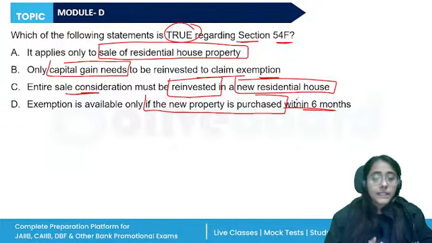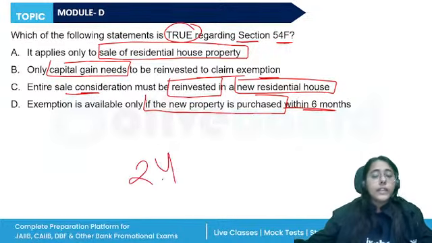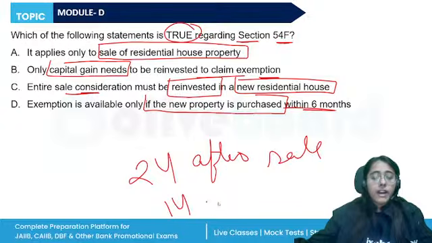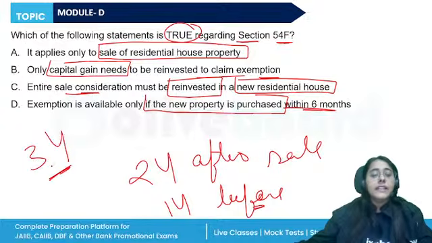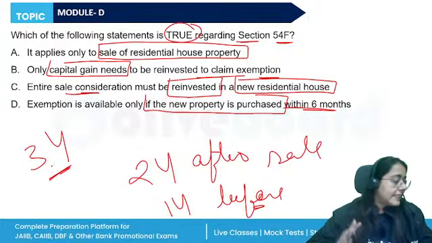Not just the capital gains, but the entire sale consideration. And the property has not to be purchased within 6 months, either 2 years after the sale of property, or 1 year before the sale of the capital asset. We can also invest it in the construction of the property, but the construction should be completed within 3 years from the date of sale.